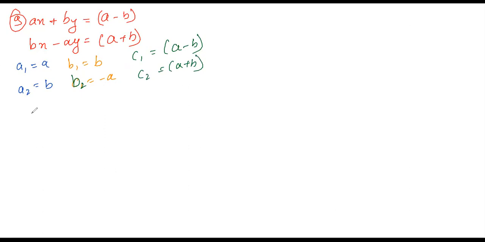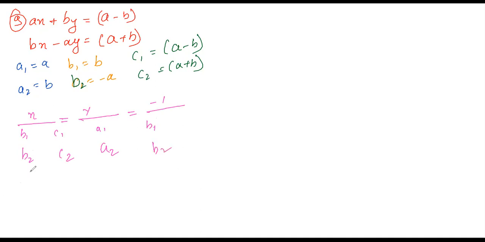Now after getting this, we will go for x by equals y by equals minus 1, because the c values are on the other side of the x. That's why I will put minus 1. So over here, b1 by b2, c1 by c2, a1 by a2, and b1 by b2.